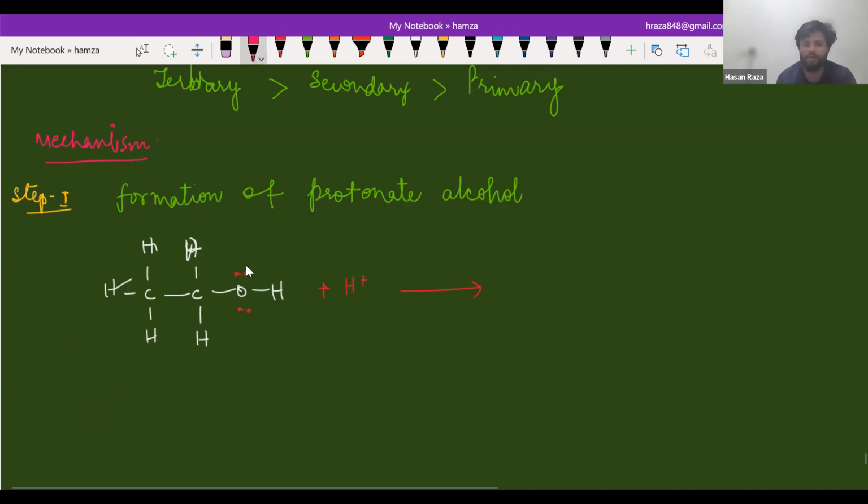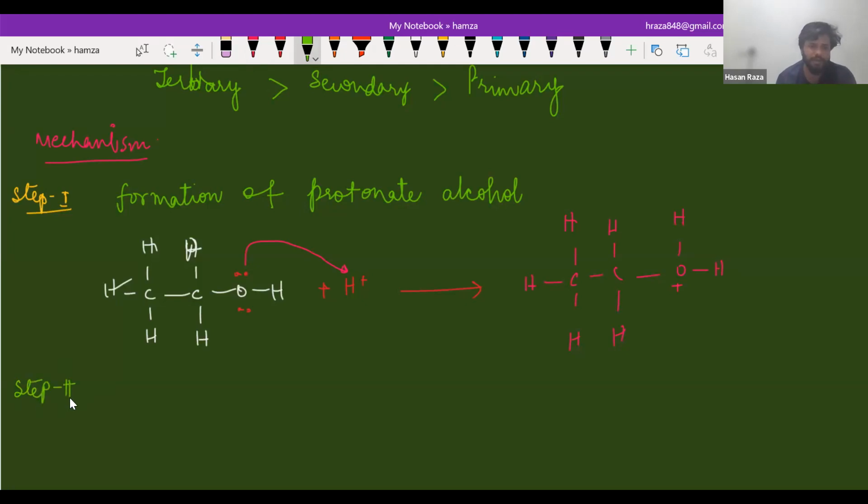Oxygen is more electron rich, so it will attack here, and then we will get hydrogen, carbon, hydrogen. The left carbon will be as it is, and on the right carbon you can see hydrogen. Since oxygen donated its electron to H plus and made a bond with it, oxygen will have a positive charge. So this will be step 1.